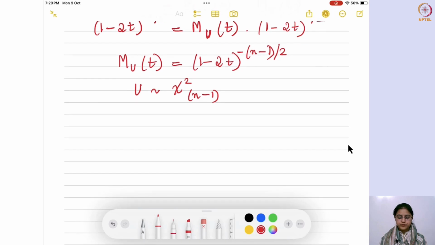So U is basically (n minus 1) times s square by sigma square, and it follows chi-square distribution with n minus 1 degrees of freedom.